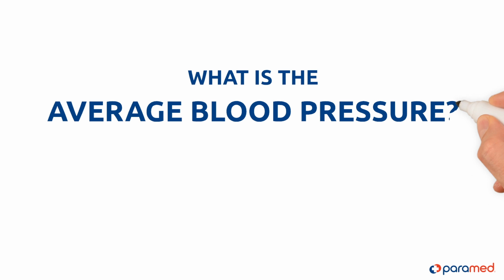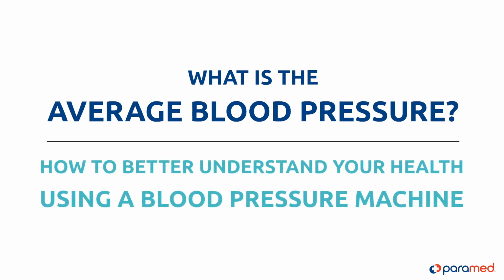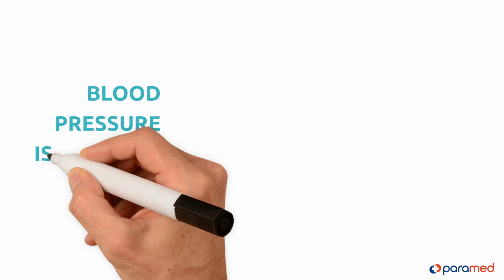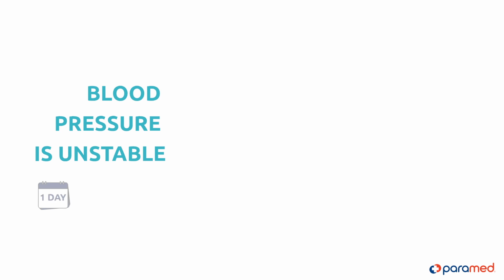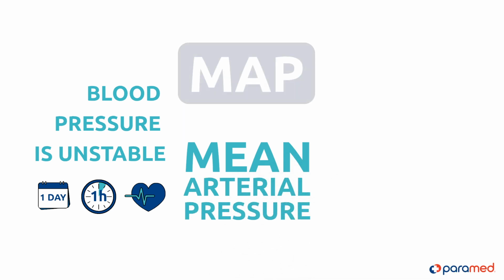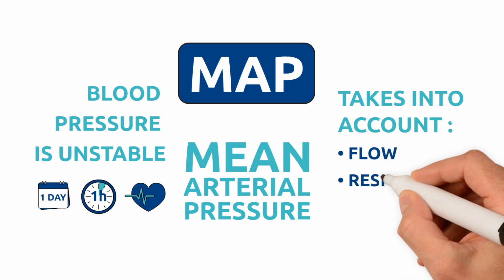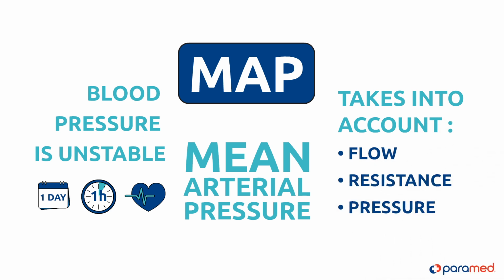What is the average blood pressure? How to better understand your health using a blood pressure machine. Blood pressure is variable and can change over the course of a day, an hour, or even a cardiac cycle. That's why it's common practice to measure the mean arterial pressure, which takes into account the flow, resistance, and pressure in your arteries.